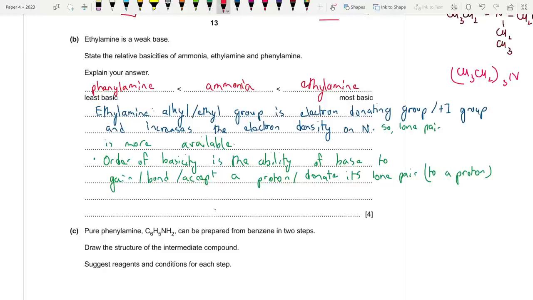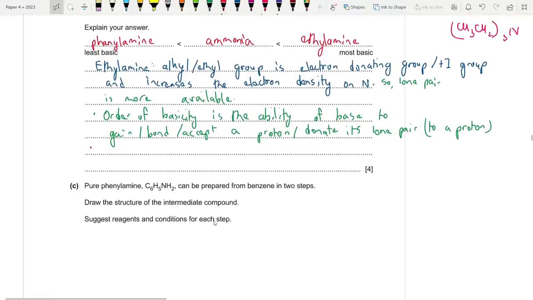What about the last point? What about phenylamine? Why is it so bad? Basically, for phenylamine, you guys know that there's a benzene ring, right?